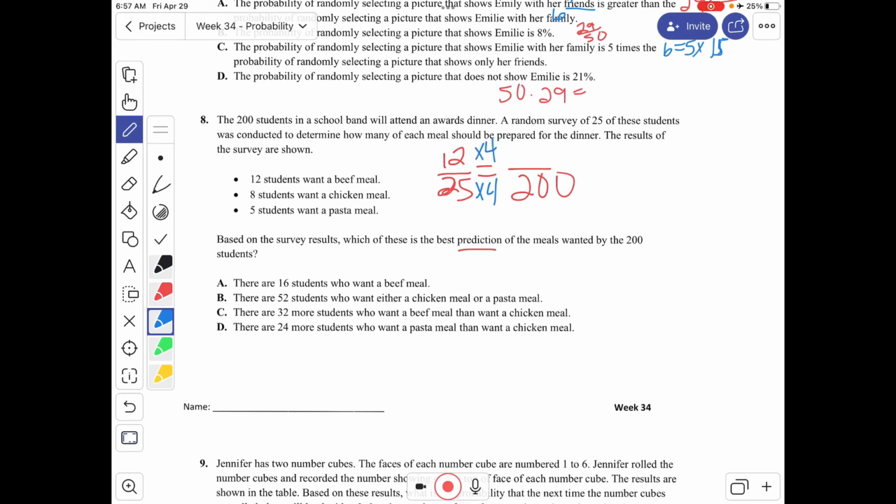So if I do that on top, that would be 48. So my prediction is 48 students will want beef. And you'll need to do that for the other 2 as well. And then read your answer choices and see which one works.